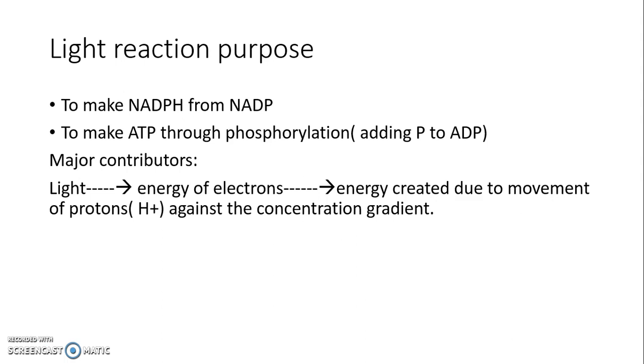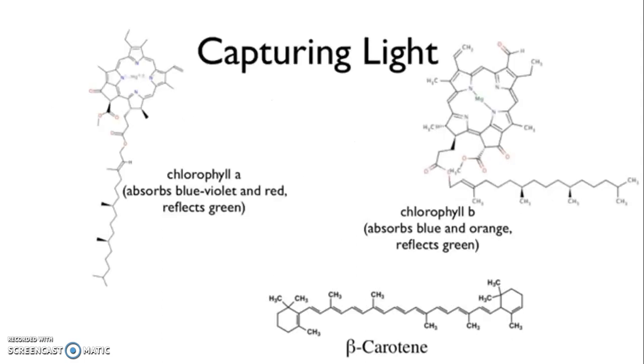The major contributors for these two processes are the energy from the light, the energy of the electrons, and also the energy created due to the movement of protons against a concentration gradient. So these three are responsible for making the energy bonds in the form of NADPH and ATP. Let's look into more detail about that.